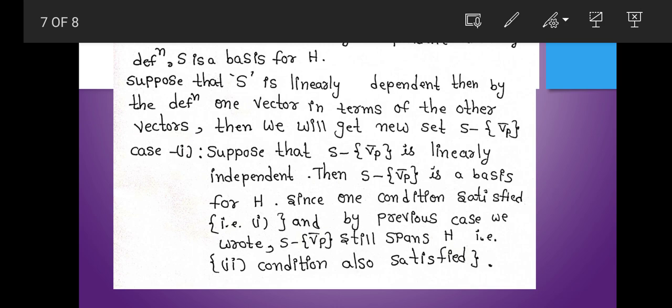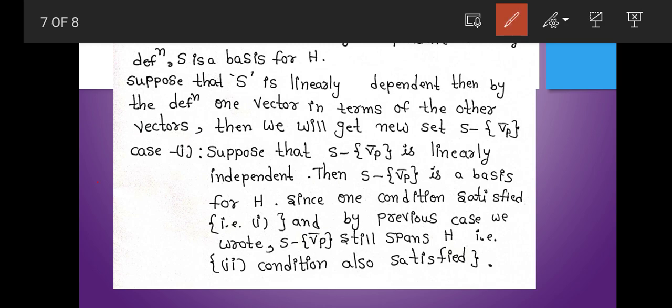Case 1: suppose that S except Vp, which is a subset, is linearly independent. Then S except Vp is a basis for H. So here S except Vp is linearly independent, statement 1. Also we get X is equal to span of v1, v2 up to Vp minus 1. So we wrote the set except Vp as a spanning set.